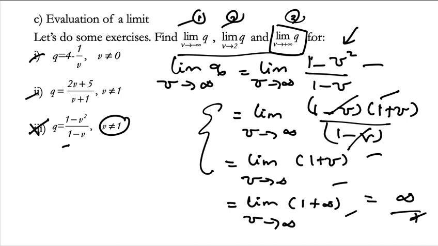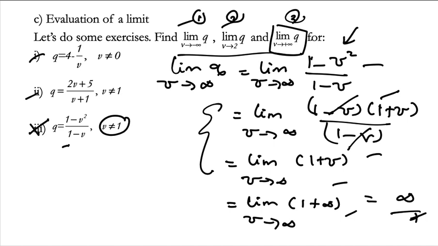So this is an example of evaluation of a limit, and try to do exercises in the textbook, and also try to find exercises from the internet. There are abundant questions on evaluations of limits that you can find on the internet, and you should do it. Don't wait until the last minute.